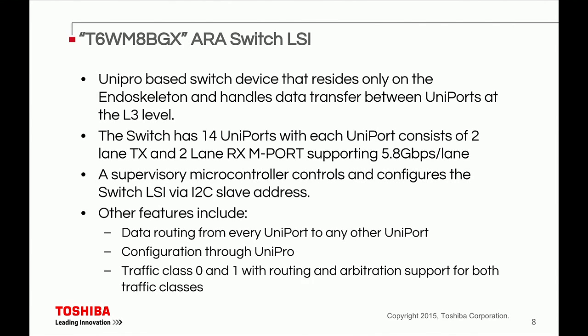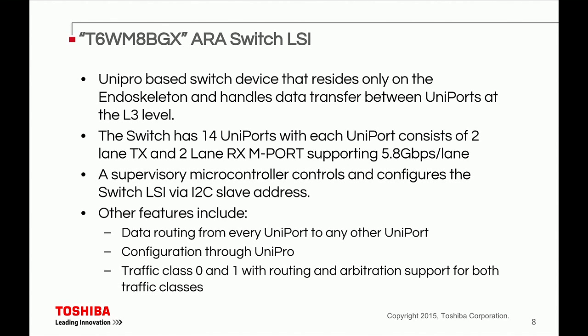A little bit about the switch LSI. Most of you probably won't even deal with this from a procurement standpoint, but the switch actually has 14 UniPro ports. Each port contains 2-lane transmit, 2-lane receive, each lane supporting 5.8 gigabits per second.